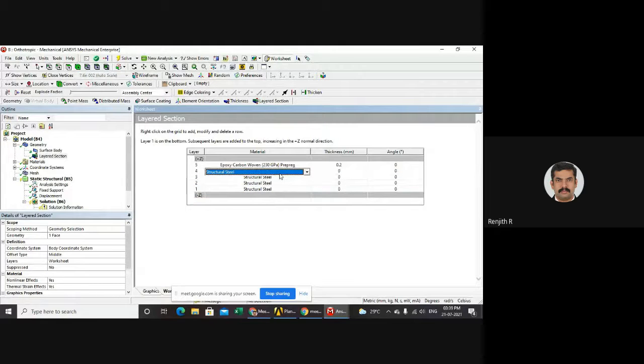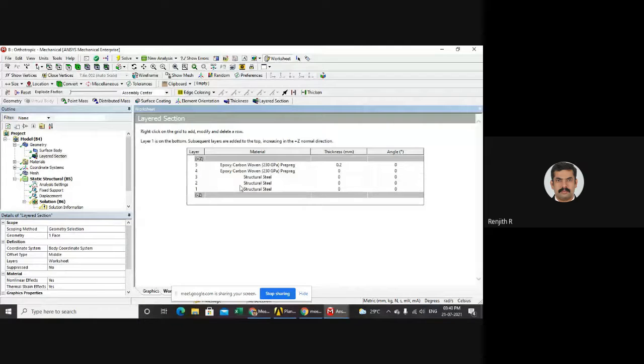If your analysis is not sensitive to the rosette, that is the oriented selection set or the direction of the ply, and it's not going to interfere with your analysis outputs, you can use this approach because it's simple and gives you an easy solution.